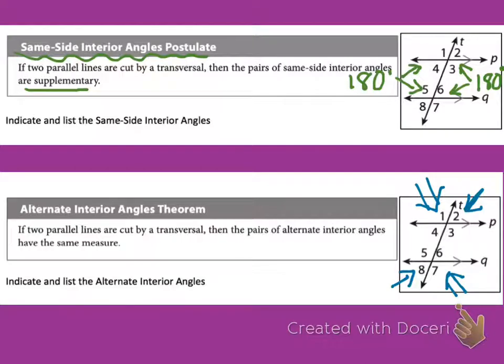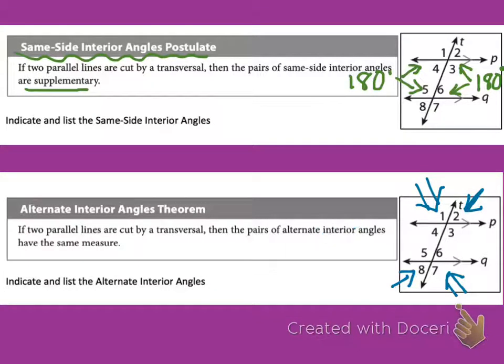You could slide the one section on the bottom up and create vertical angles there. And actually, the same relationship holds. Alternate exterior angles are always equal if the lines are parallel. That's what this theorem says. If two parallel lines are cut by a transversal, then the pairs of alternate interior, oops, that's supposed to say alternate exterior.